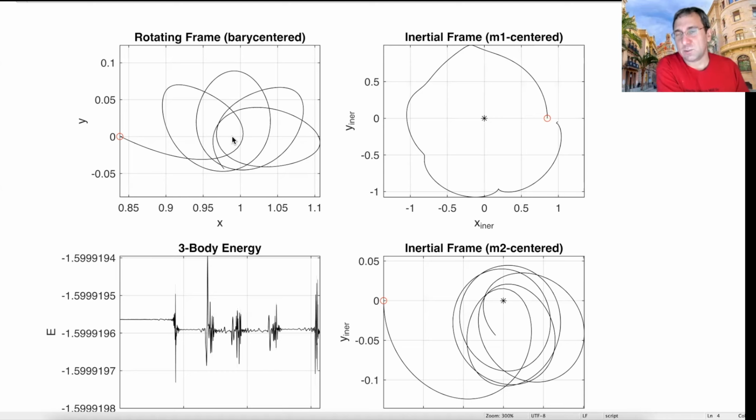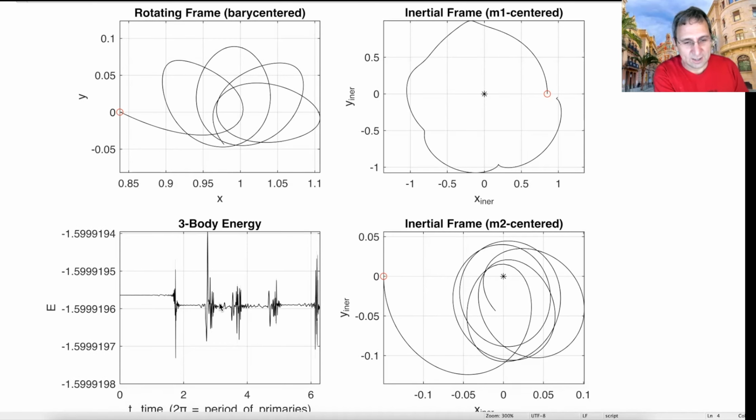Now, if we thought this was an Earth-centered orbit, this is what we would get, and it looks terrible. If we assumed it's a moon-centered orbit, it actually doesn't look much better. I guess these are kind of conic section orbits, but it's not clear. This is definitely in a three-body regime. And here's the three-body energy again, and you see maybe more wiggles.